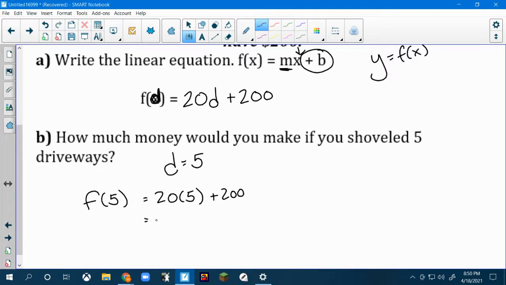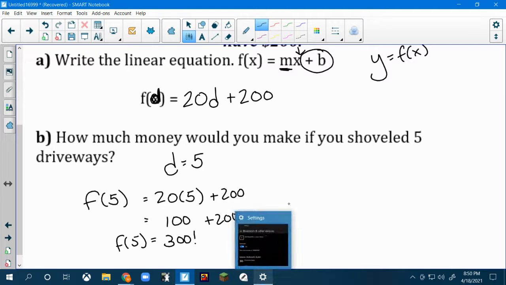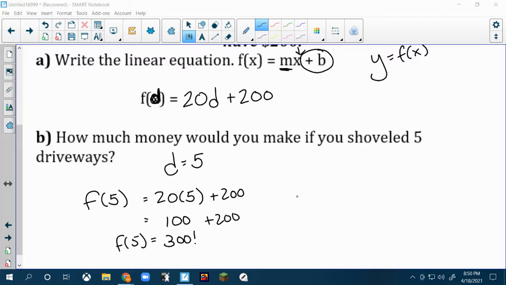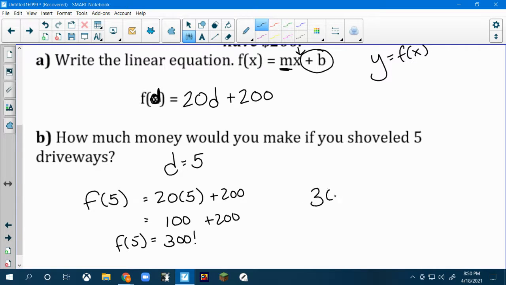And then we just continue to solve. 20 times 5 is 100 plus 200. So f of 5 equals 300. So if I were to shovel 5 driveways and I already had $200, I would have $300 total.